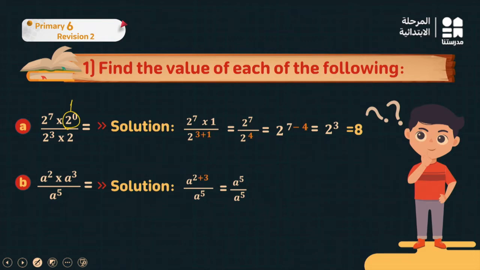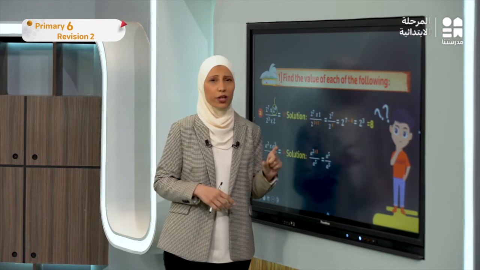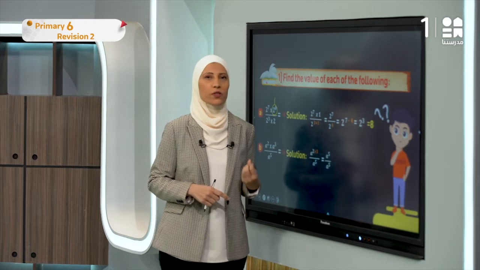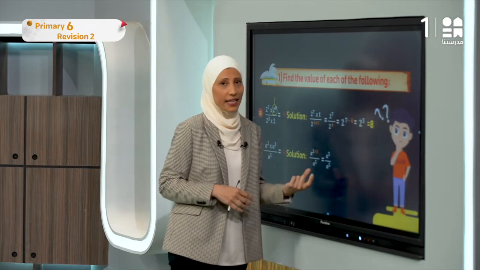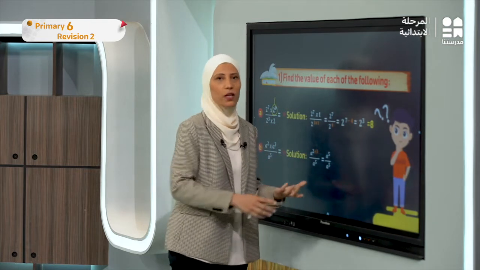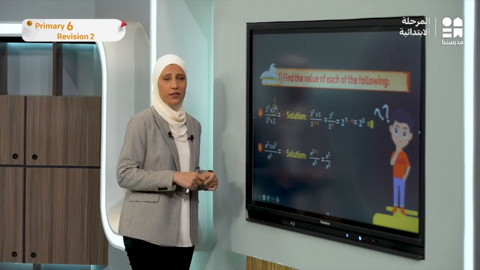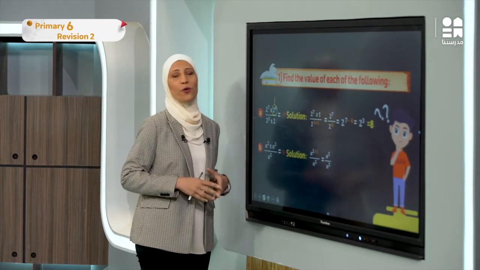And I want to mention something here. We already took before that when my numerator equals my denominator, the value of the fraction is supposed to be equal to 1. So at the beginning, when I saw something like that, I could write it equal to 1 directly. But if I keep answering using the steps, I have a to the power of 5 divided by a to the power of 5.